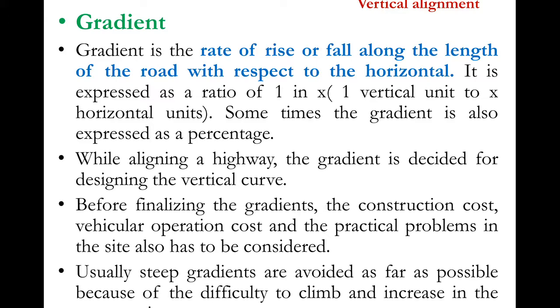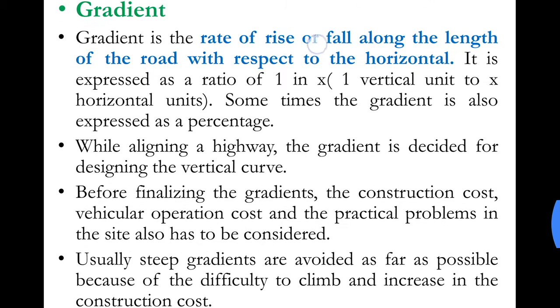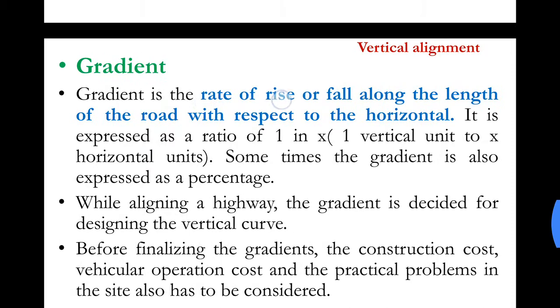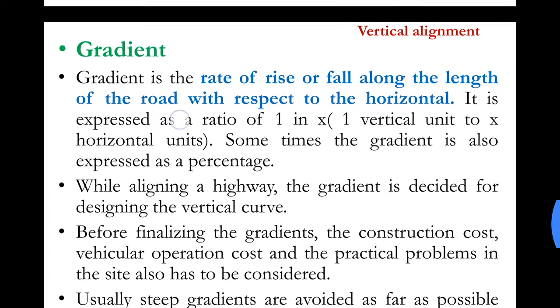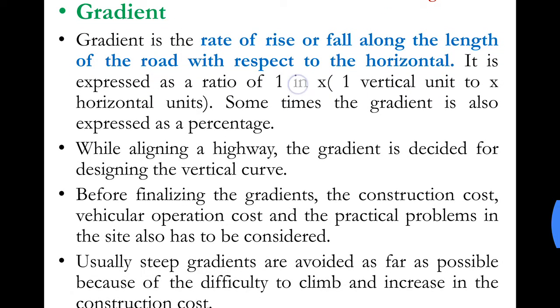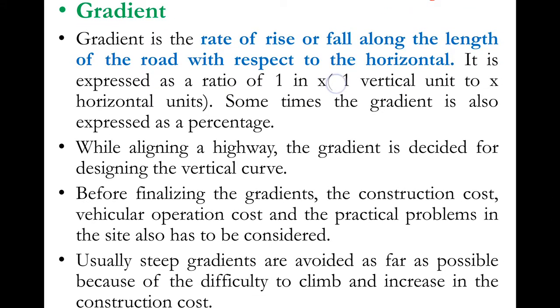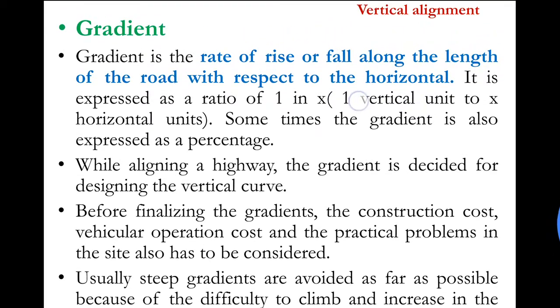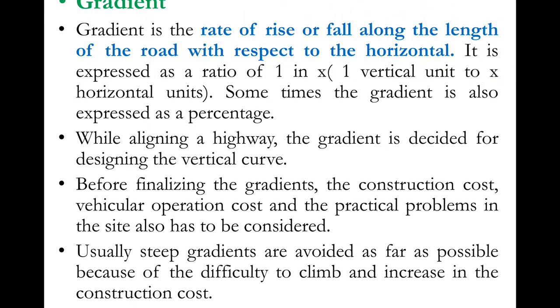The rise of the road or the upward slope is taken as positive, and the downward slope is taken as negative. It is expressed as a ratio of 1 in x, where 1 is vertical and x is horizontal. 1 vertical unit to x horizontal units.